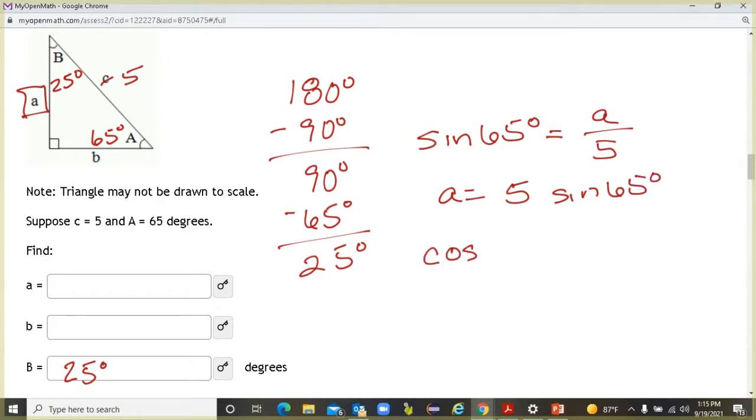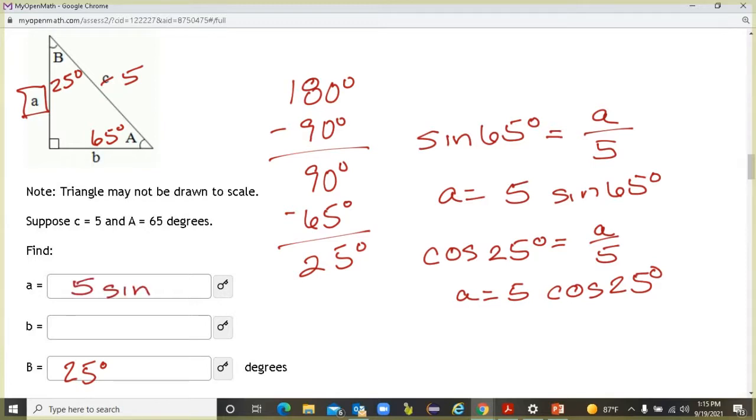Or you could do cosine of the B. Cosine is adjacent over hypotenuse. So you would get 5 times the cosine of 25. Either of these will give it to you. Whichever one you want to do, it doesn't really matter. I'll just do sine.